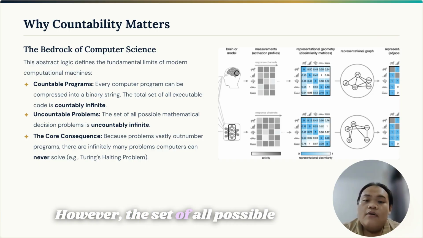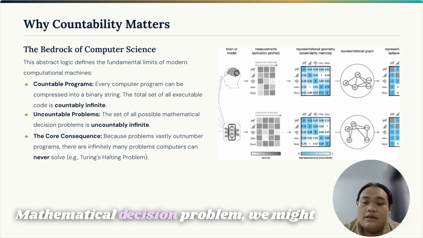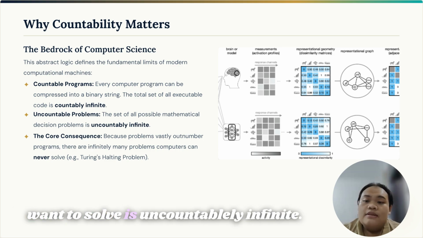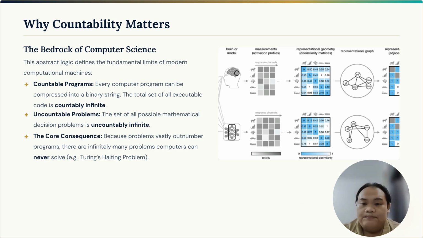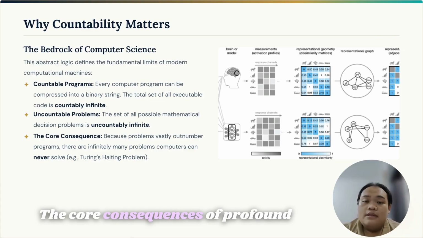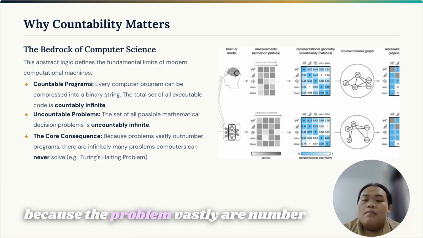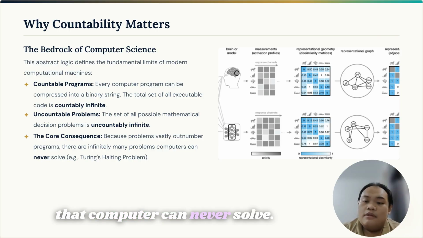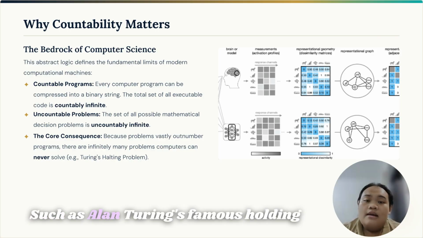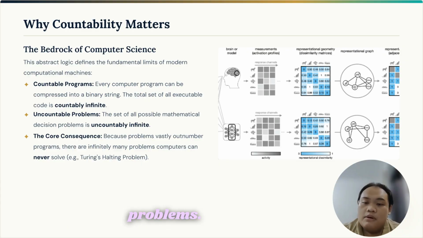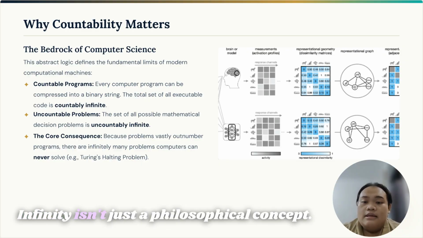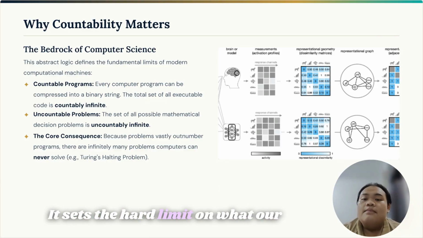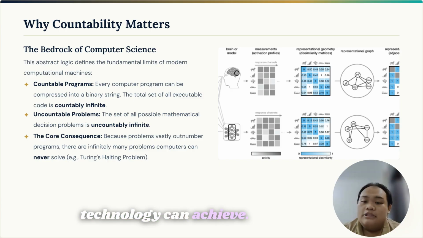However, the set of all possible mathematical decision problems we might want to solve is uncountably infinite. The consequences are profound because problems vastly outnumber programs. There are infinitely many more problems that computers can never solve, such as Alan Turing's famous halting problem. Infinity isn't just a philosophical concept, it sets the hard limit on what our technology can achieve.